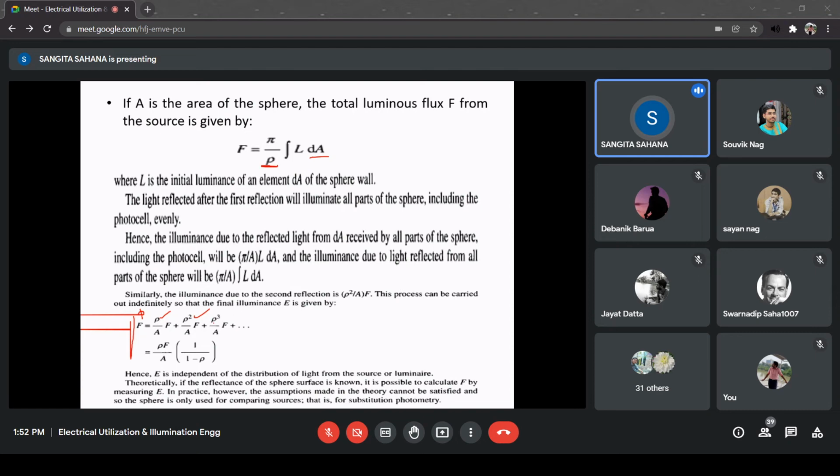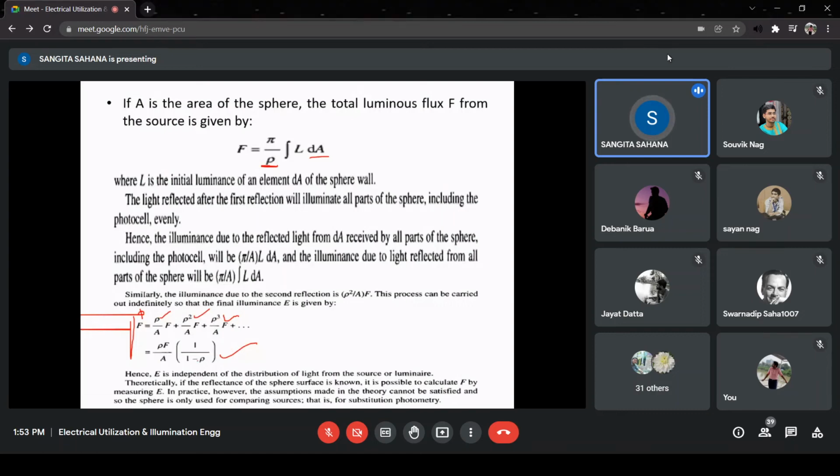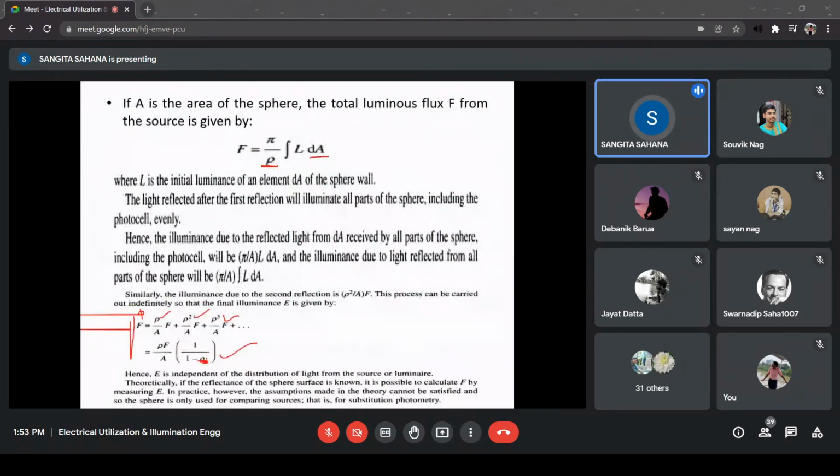Then this is after the third reflection. As there is no absorption, it will continue again and again. So then it will be rho into F by A into 1 by 1 minus rho. Now this is less than 1, and you can see this is constant for any particular sphere.